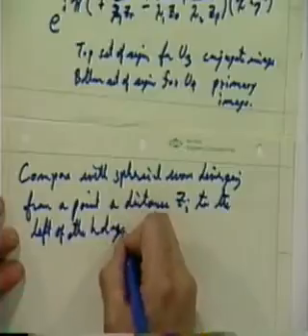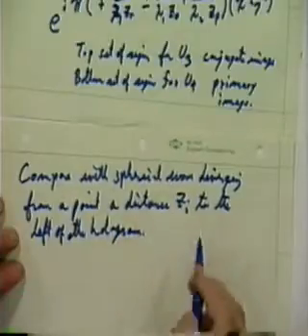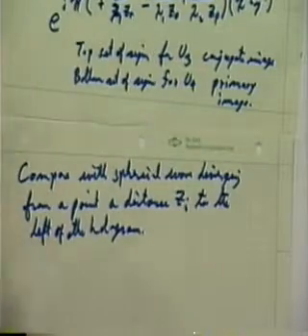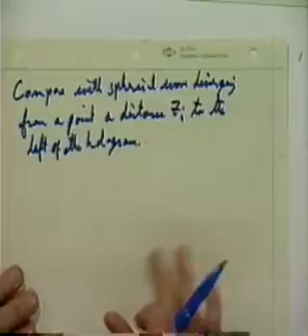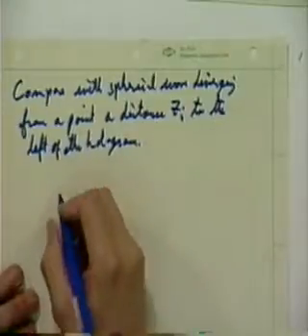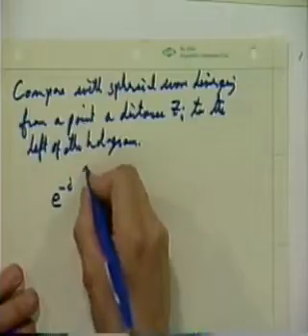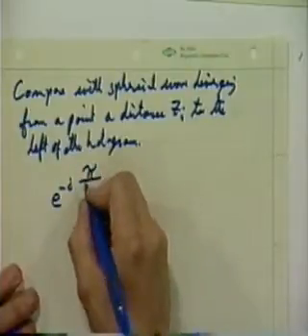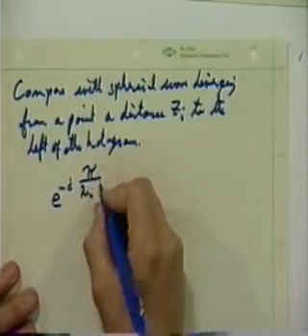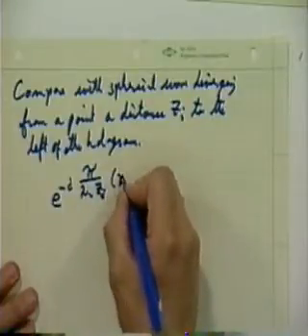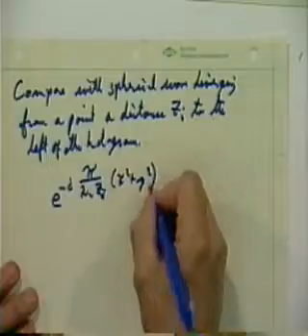And with our sign convention, if we're to the left of the hologram, this would actually be a negative number, but let's call it z sub I. And so in that case, we would have something that goes as e to the minus i pi over lambda 2 z sub I times x squared plus y squared.